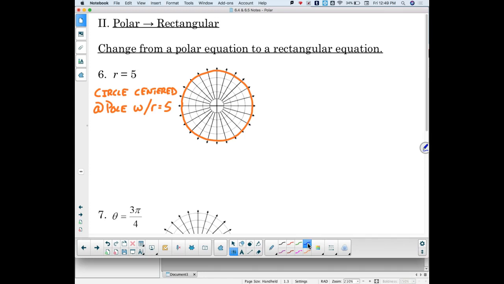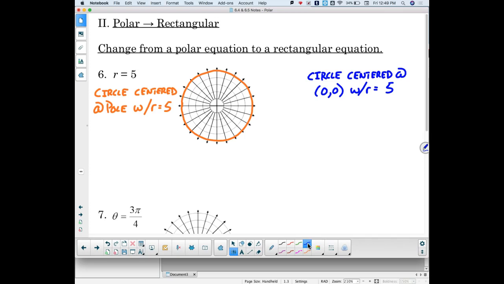Right? Okay, so rectangularly now, it's got to go right over the top of that, remember? Okay, so I need a circle centered where? With radius equal to 5. Okay, memory, don't fail me now.